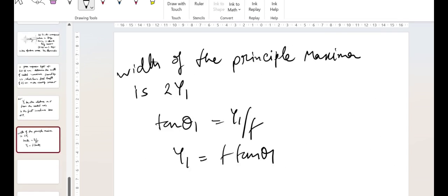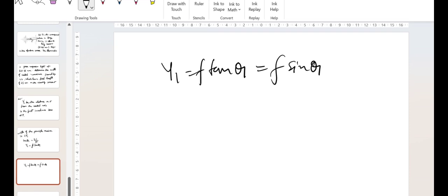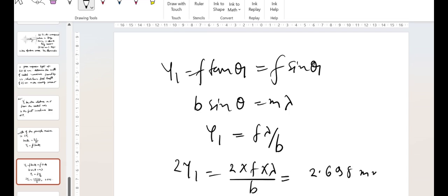For a small value of theta 1, f tan theta 1 is equal to f sine theta 1. And we know b sine theta equals m lambda. So y1 becomes f lambda by b. So now 2y1 would be 2 f lambda by b. Putting all these values, we get 2.695 millimeter. And so the width of the central maxima is this.